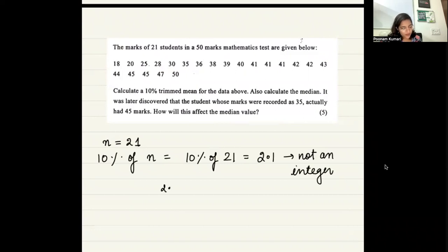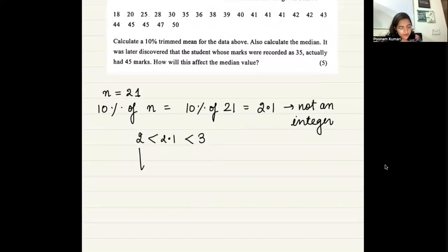This 2.1 is greater than 2 and less than 3. First, we have to find the trimmed mean by removing 2 observations, and then the trimmed mean by removing 3 observations. Then we have to give appropriate weights to get the 10% trimmed mean.